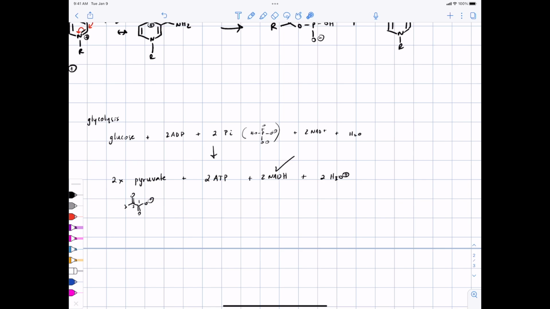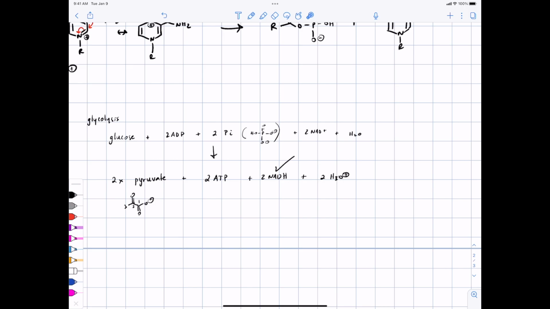First, in going from glucose to glucose 6-phosphate, and second, in making fructose 1,6-bisphosphate.